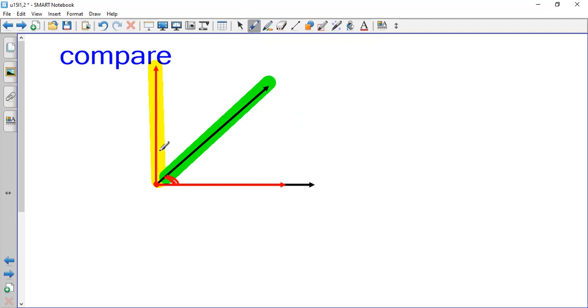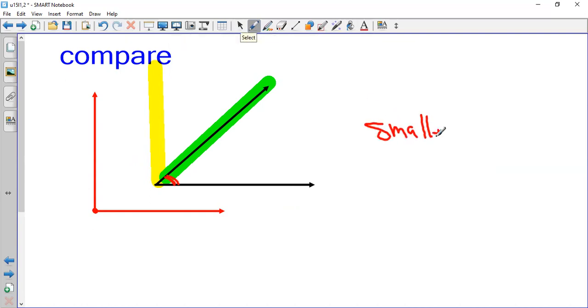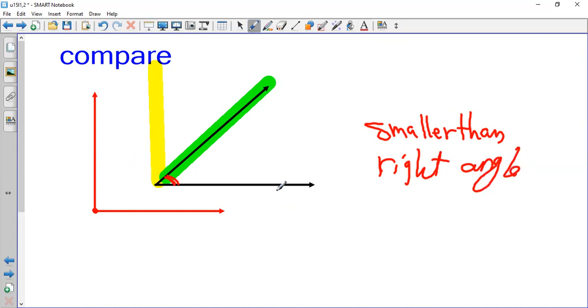So this angle is smaller than a right angle. Okay?